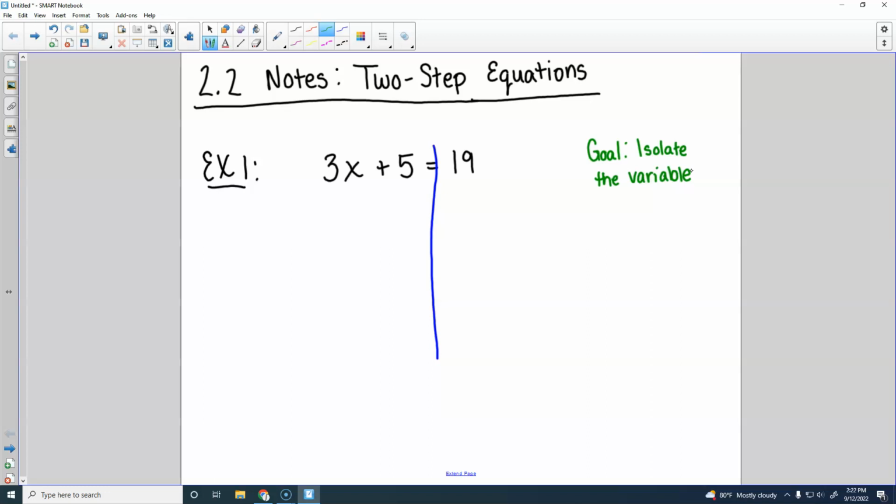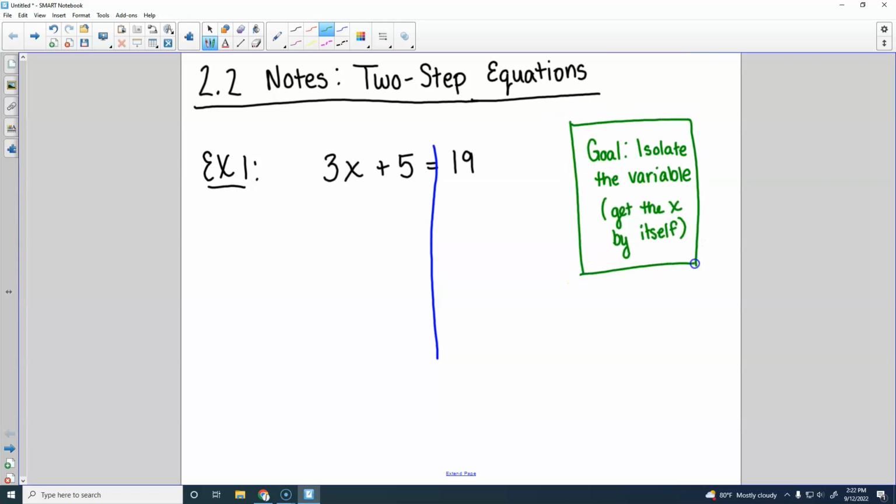Sometimes we use different variables, but in this case we're using X. What's it mean to isolate X? By itself, right? If you get put in isolation, you're all by yourself. So this really just means get the X by itself. That's our goal when we're solving an equation.